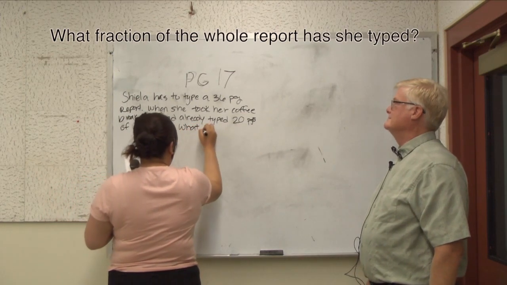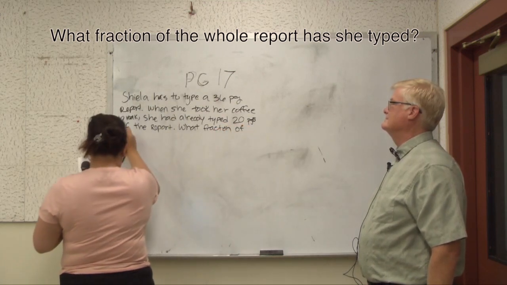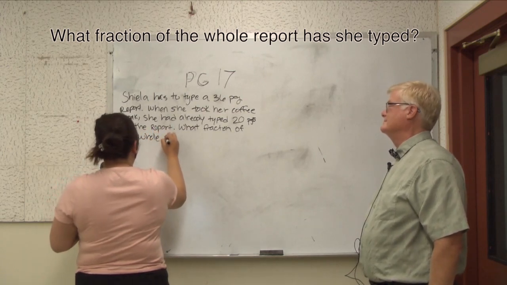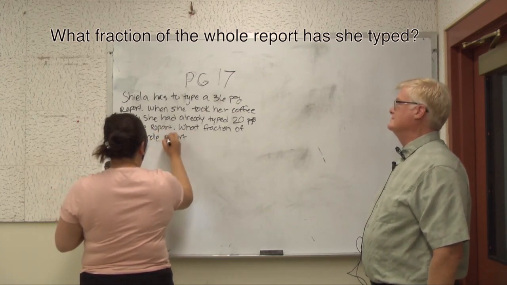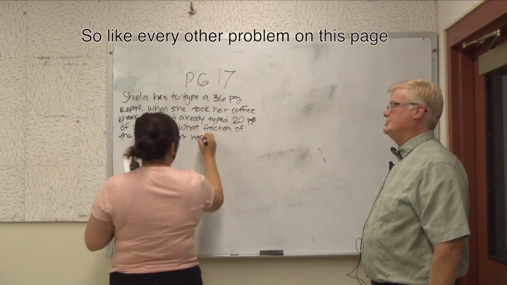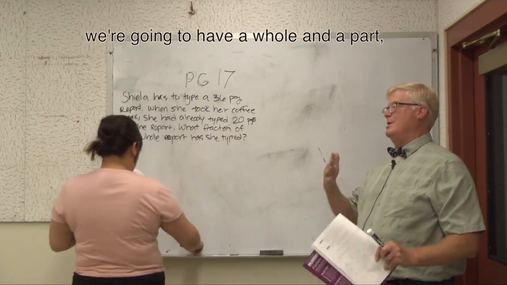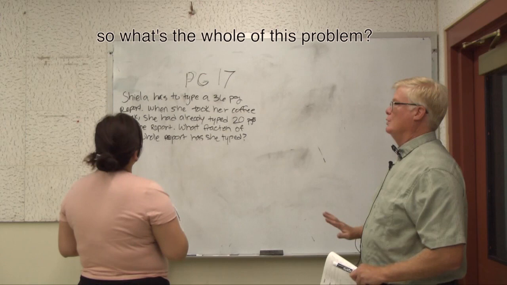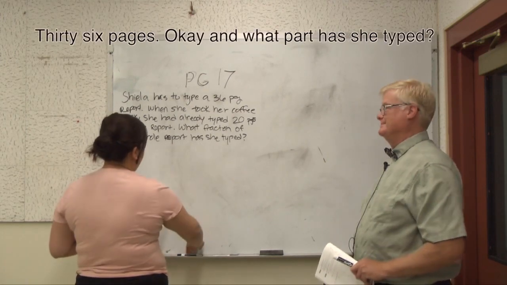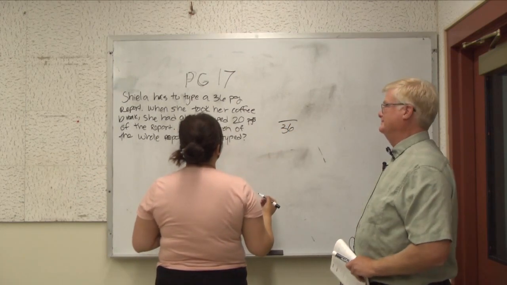What fraction of the whole report has she typed? So, like every other problem on this page, we're going to have a whole and a part. So what's the whole of this problem? The whole report is how many pages? 36 pages. Okay, and what part has she typed?